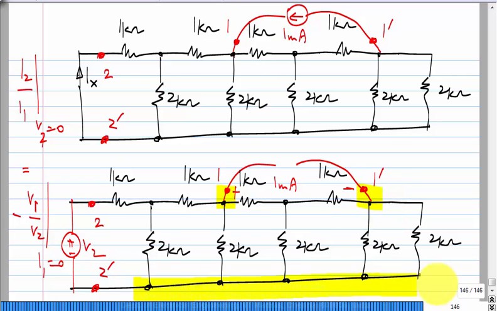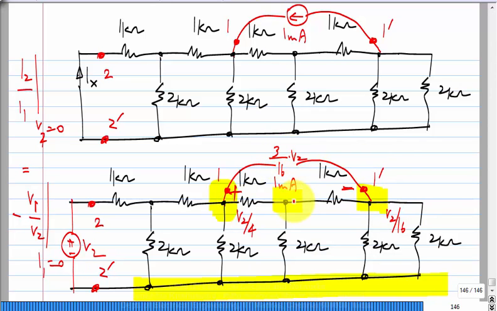If you think of this as the reference node, what is the voltage at this terminal? V2 by 4, and here V2 by 8, and here it is V2 by 16. So, what is the voltage V1? V2 by 4 minus V2 by 16. How much is that? 3 by 16 times V2.